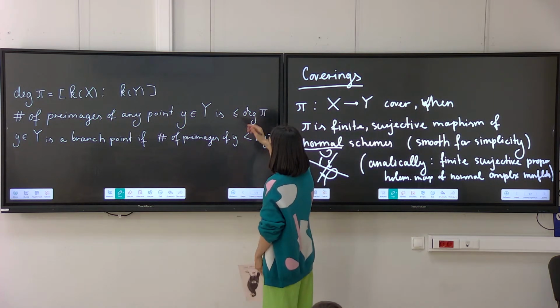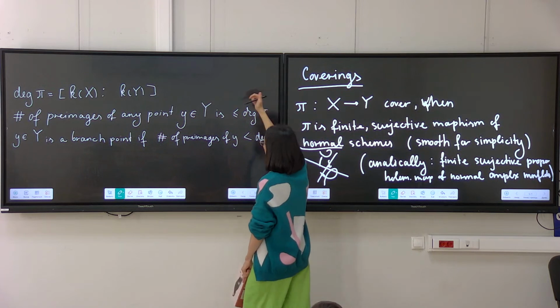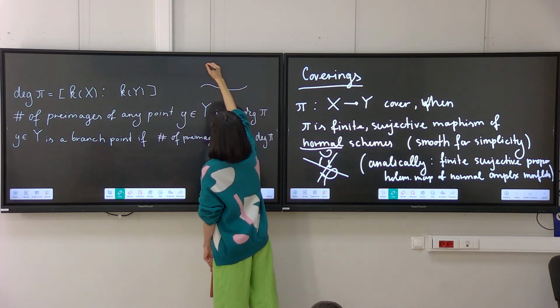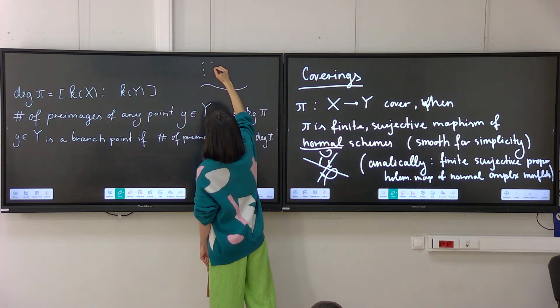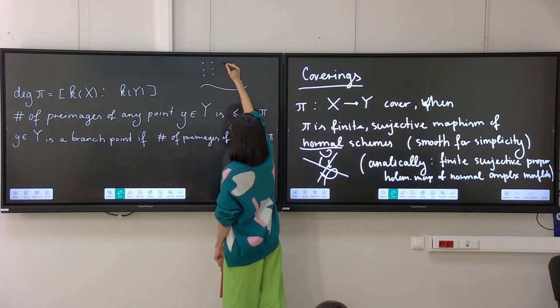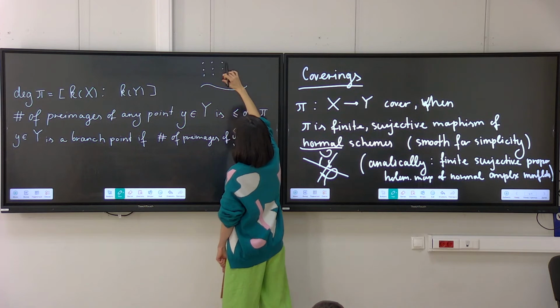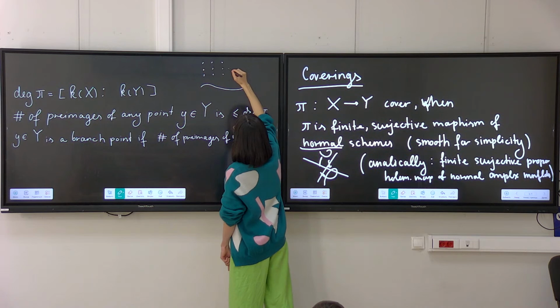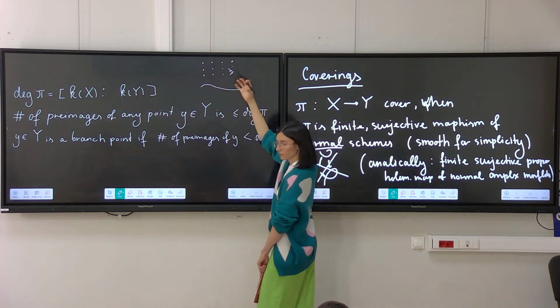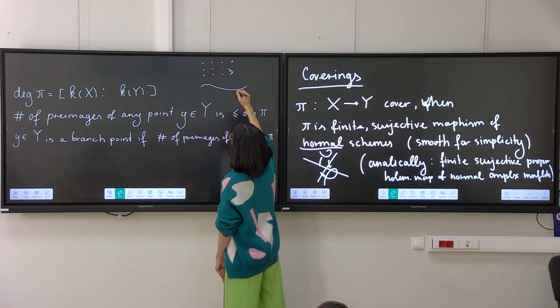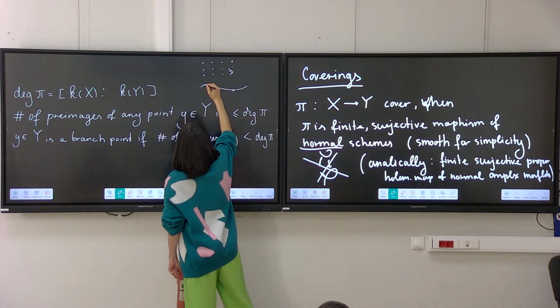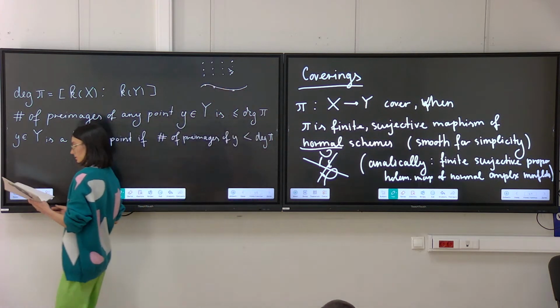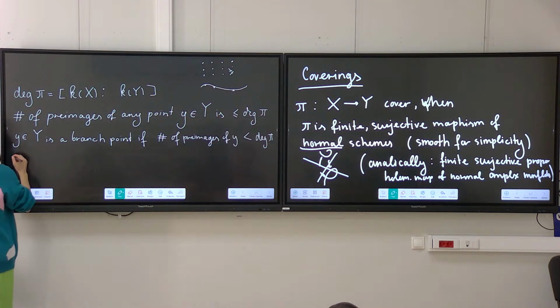I prefer to think about all these things geometrically. This means that over any point we have a finite number of points, and they cannot just disappear in some fibers, but they can glue. So they cannot disappear; they can glue. And the points where this gluing happens are called branch points. Okay, and now what is the ramification divisor?